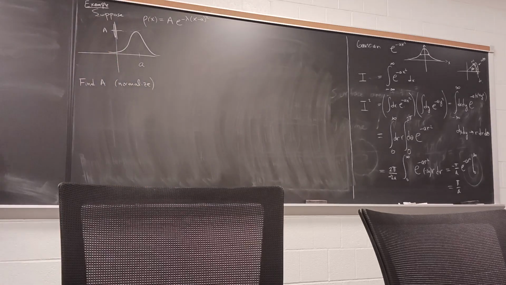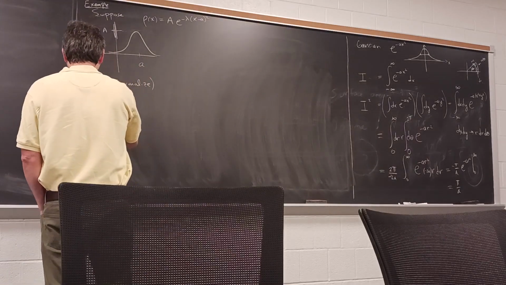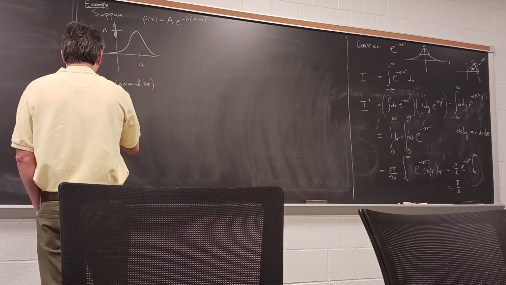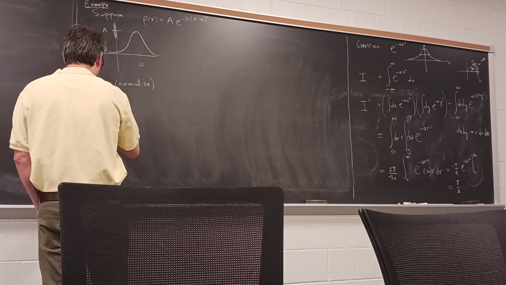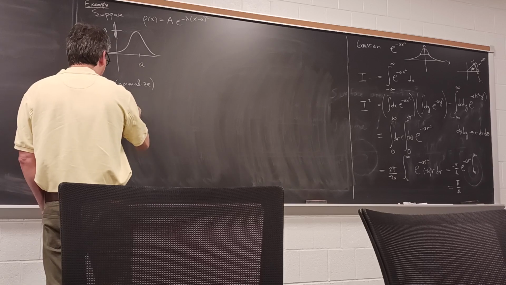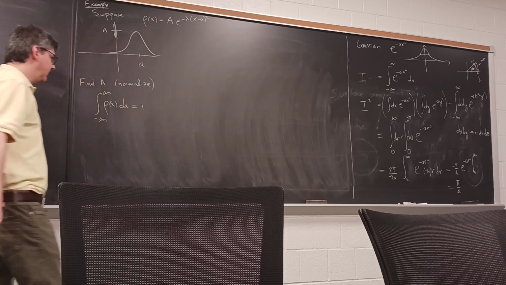So let's normalize it. How do we do that? If we want to normalize it, we want the integral of rho of x from minus infinity to infinity to be 1.